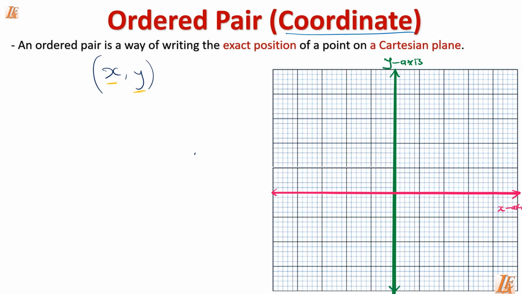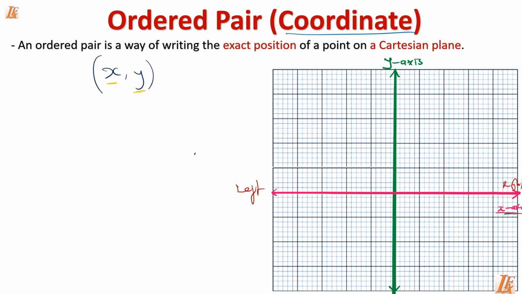So in this case, when we talked about a Cartesian plane, we said these are two number lines which intersect at a right angle, and they form what we call the x-axis, which runs from the left to the right, and also the y-axis, which runs up and down. So this line which is running from the left side to the right, this is what we call the x-axis.